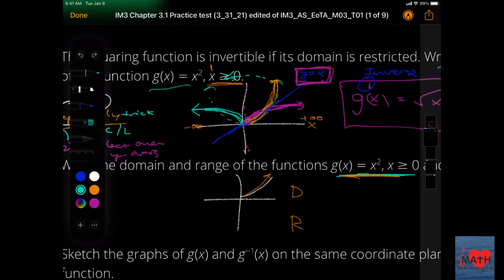So the domain is going to start at 0, and this is a closed circle, so it would be a bracket. And the graph keeps going until you hit that arrow, which means not going up, but just that the values are going towards the right, towards positive numbers. So that means that basically there is a point at, say, 100 and 100, right? So that would be positive 100. And remember, always with infinity would be a parenthesis.